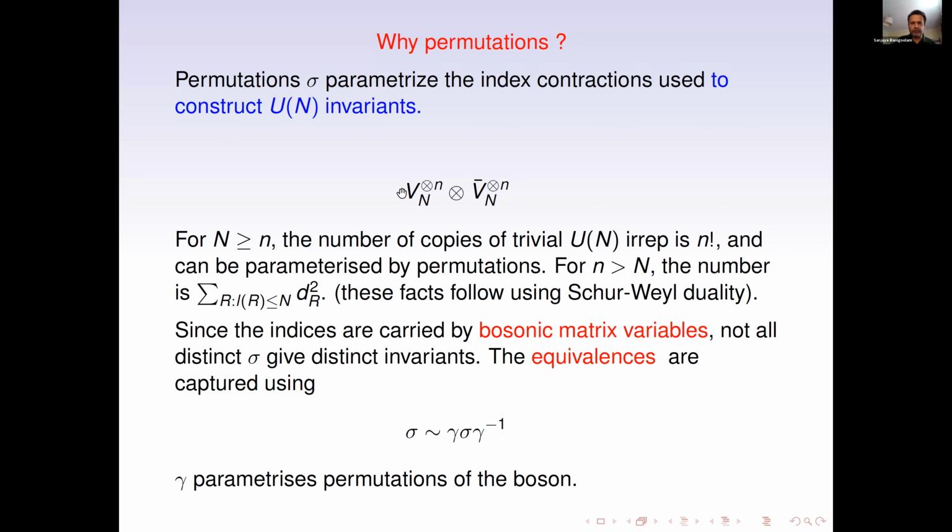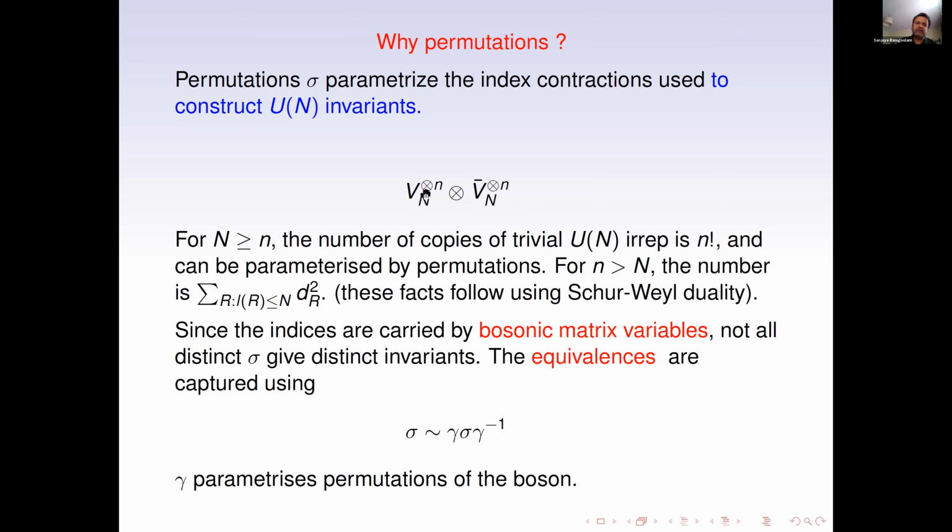It's related to how many different ways you can contract the vectors here with the vectors here. So n factorial is the number of independent things. This holds when capital N is bigger than little n. There's also a finite n version of this statement using Young diagrams with a constraint. And these facts follow from Schur-Weyl duality.